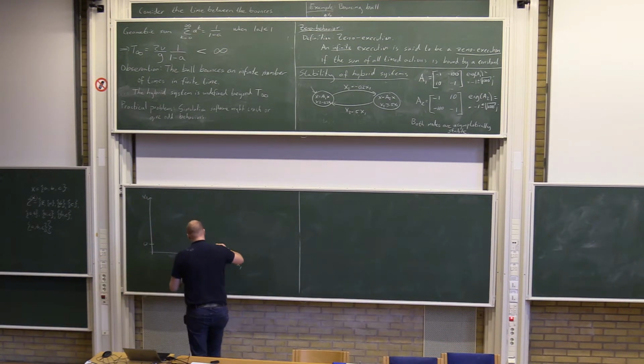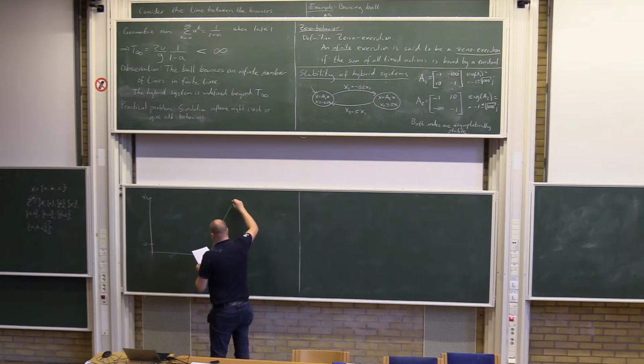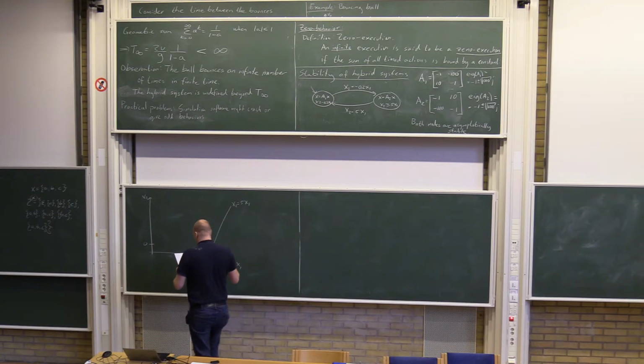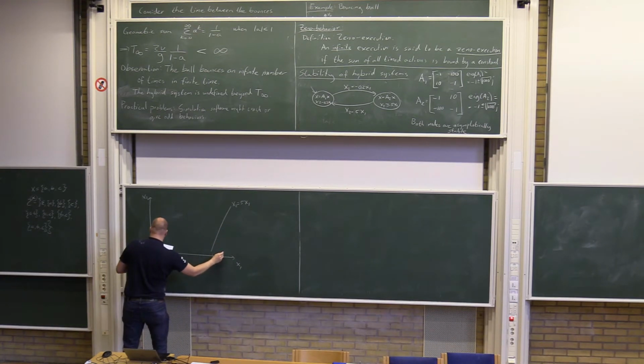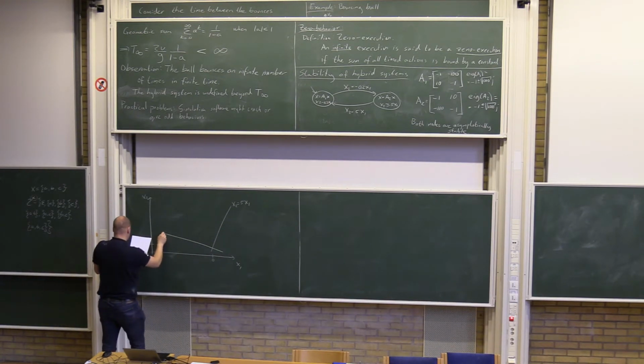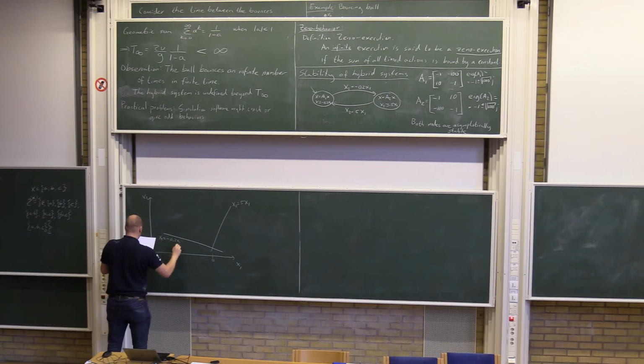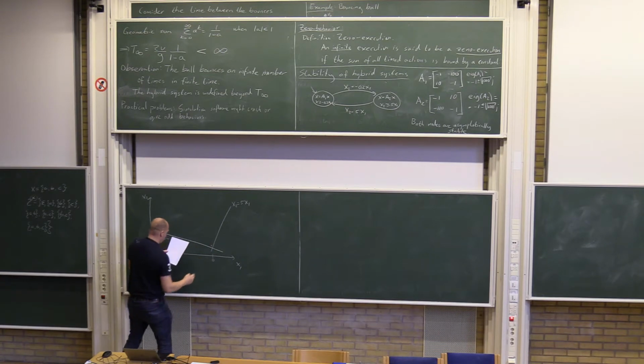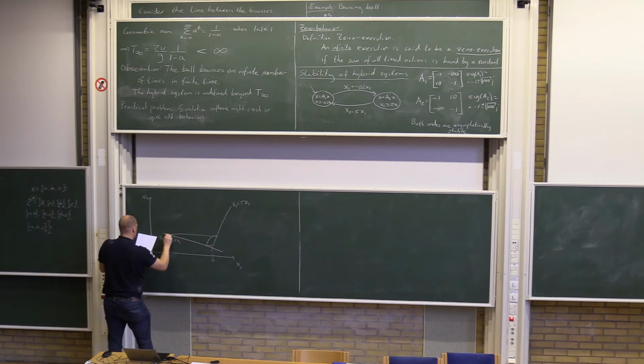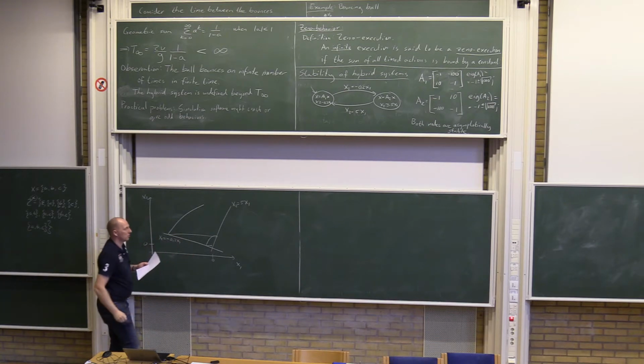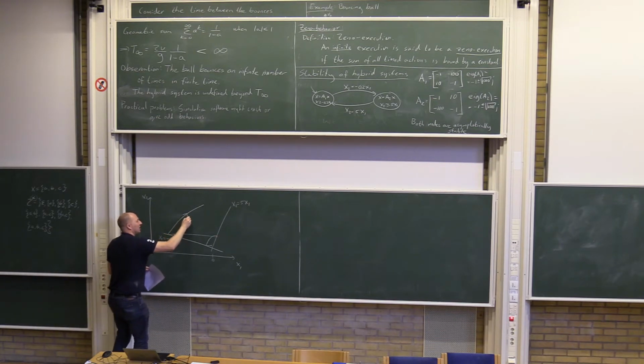We have this switching plane, x2 is equal to 5x1, and we have another here, x2 is minus 0.2 x1, and then if we start here, it turns out that we will go like that, and then something like this, like that, in this direction.